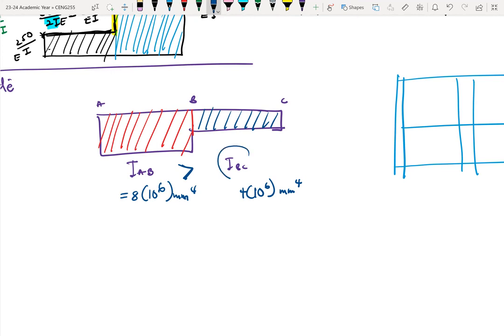Let me call BC just I to make things easy, a general moment of inertia. If 4 times 10 exponent 6 is equal to I, then 8 times 10 exponent 6 will be equal to 2I. If I is 4, 2I becomes 2 times 4, which gives 8. I've not done anything crazy, just writing one in terms of the other.